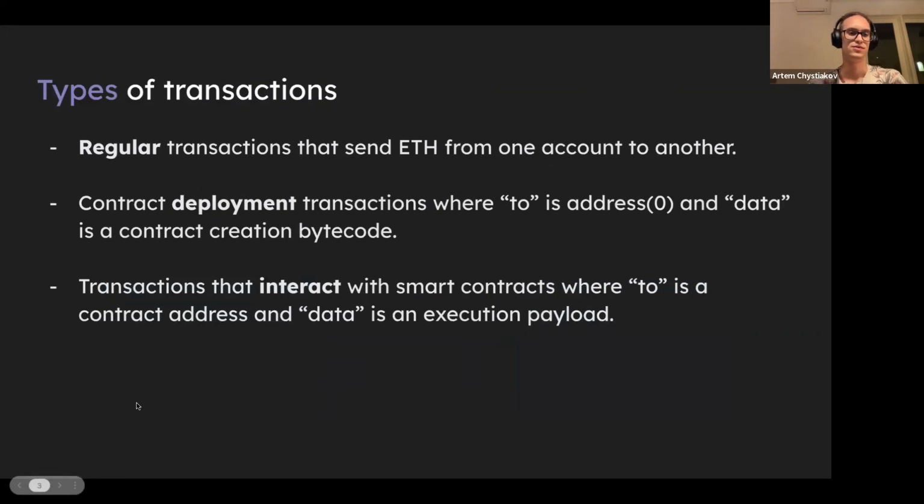So in Ethereum, there are three main types of transactions: regular ones, the contract deployment ones, and the ones that interact with smart contracts. So the first one is regular. It is just basic, the cheapest transaction that you can initiate. It is the one that sends Ether from one account to another. It costs 21,000 gas.